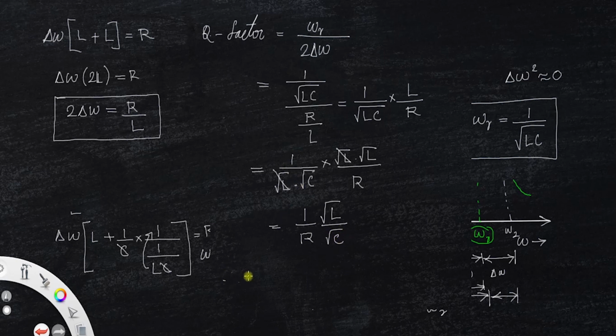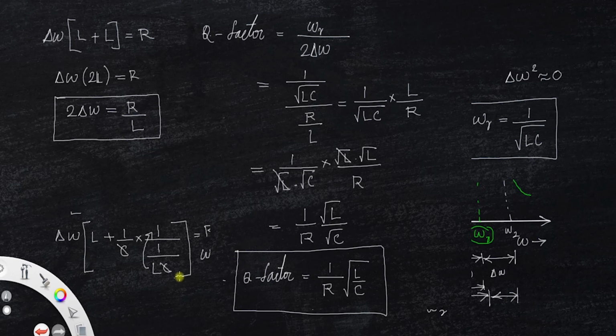So the quality factor Q is equal to 1 by R root L by C. So this is the expression for the quality factor. From the equation itself, when R is less, Q is high, quality factor is high.